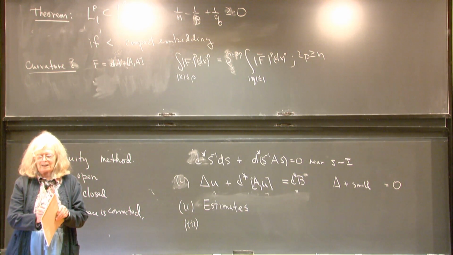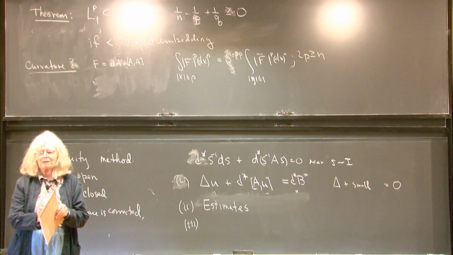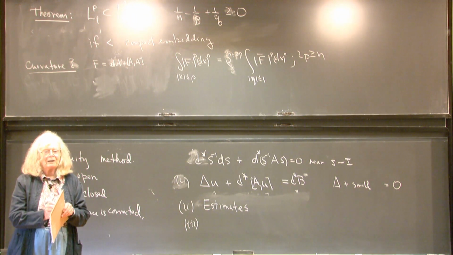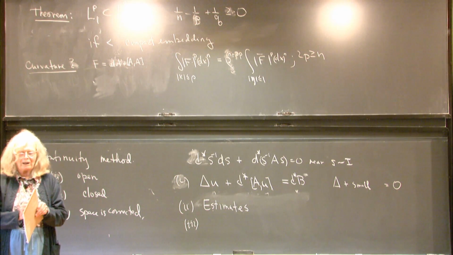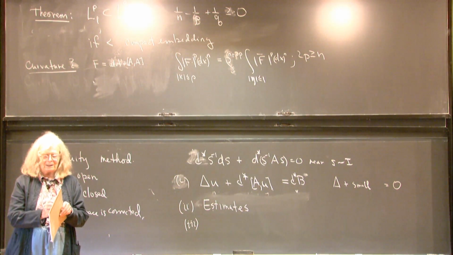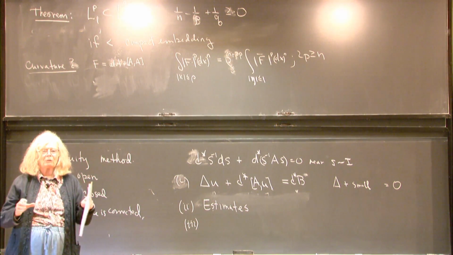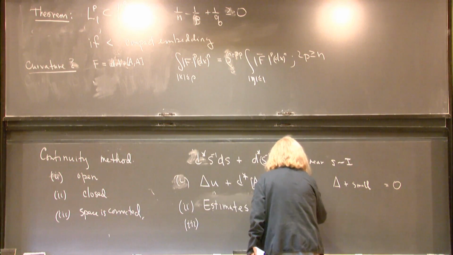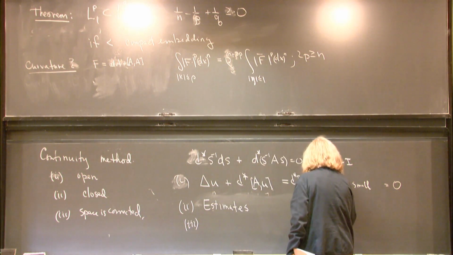We actually use that expansion that takes a small disk to a larger disk. And if we go small enough, the curvature, everything is small on that disk, and I can just use the implicit function theorem.